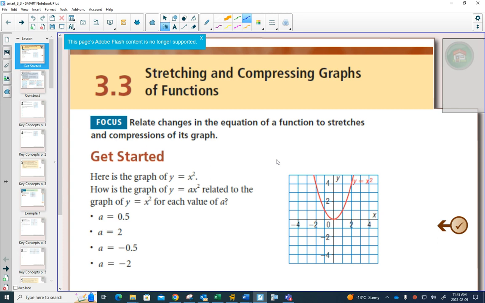These ones, the first thing we're going to do is color code these. So whatever colors you decide to use.